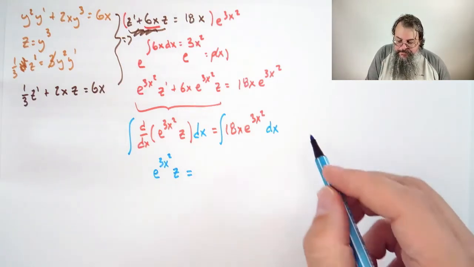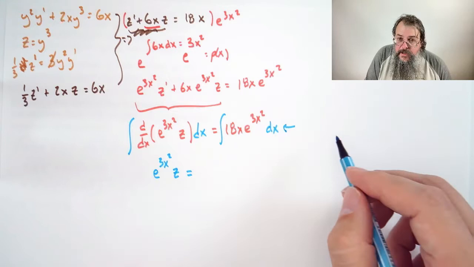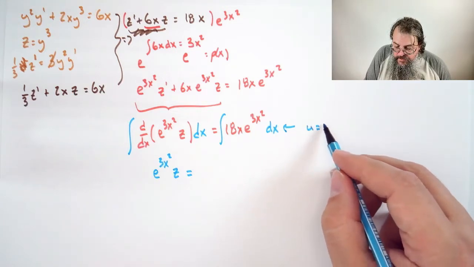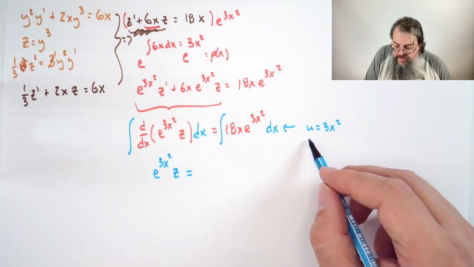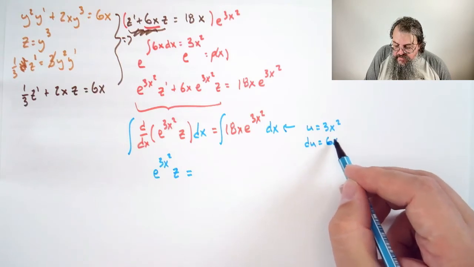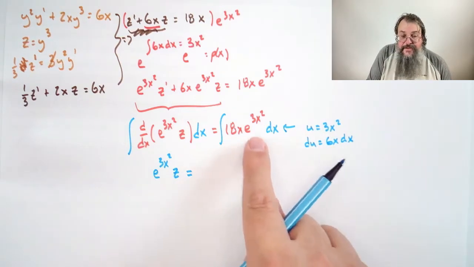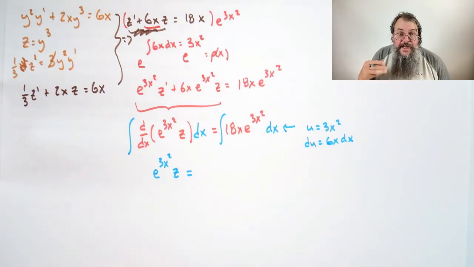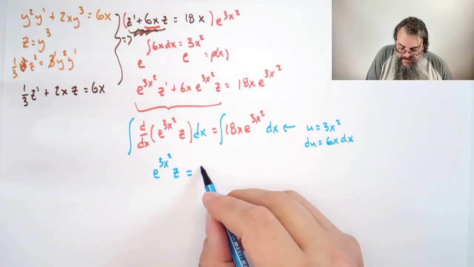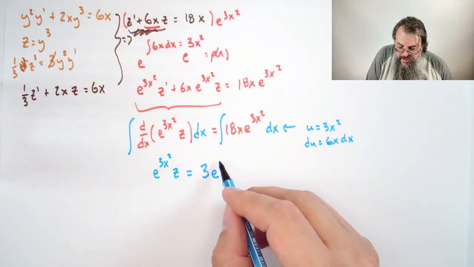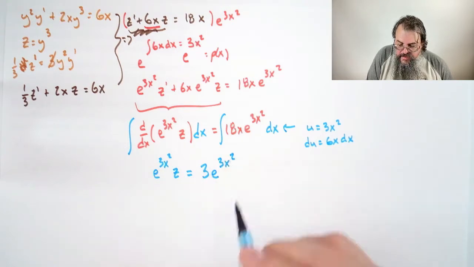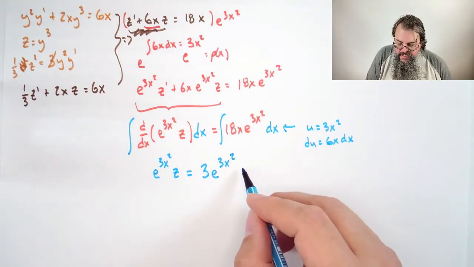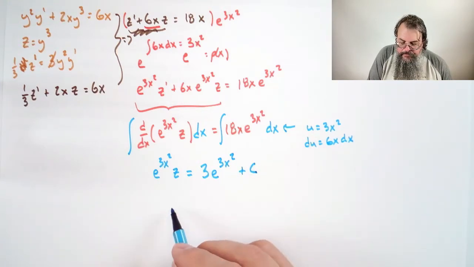That's great. So we have e to the 3x squared times z is going to be equal to, now here's how it's going to work. Over here, we're going to let u equal 3x squared, so that du would be 6x dx. Notice we have an 18x dx, so that would leave us with 3 e to the u. So that leaves us the integral as being 3e to the u, and u is 3x squared. And then, of course, plus c.